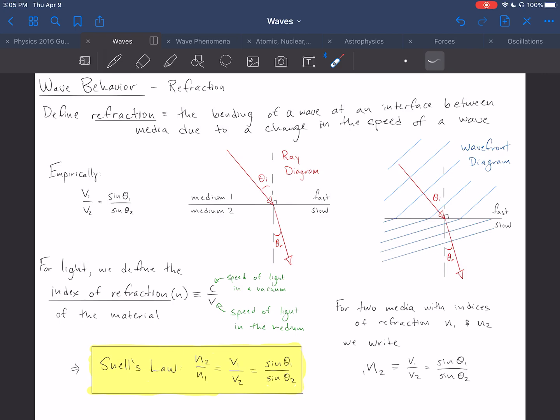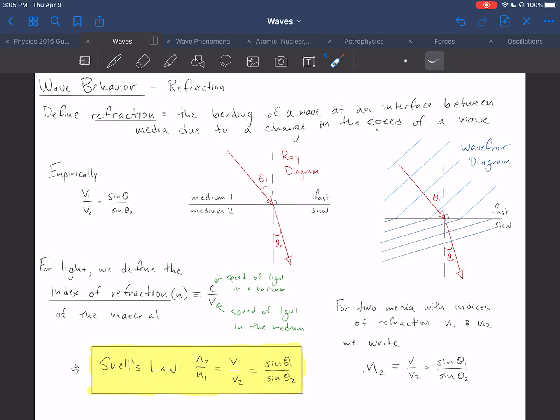So, for example, this might be a situation where light is going from water into glass rather than from glass into air or glass into a vacuum. I should pause there and note that air has an index of refraction very, very close to 1. So the speed of light in air is very close to the speed of light in a vacuum. And I will often refer to air as if the index of refraction is exactly 1.